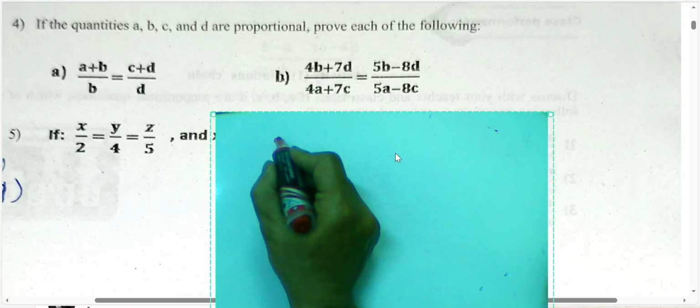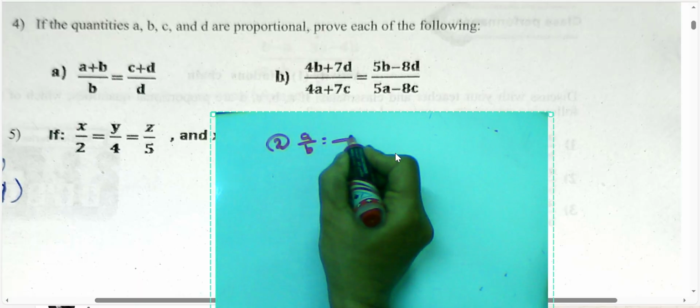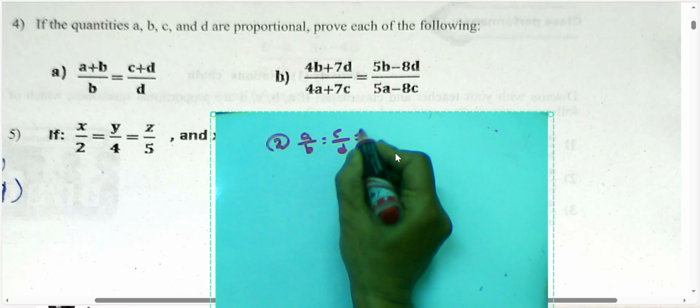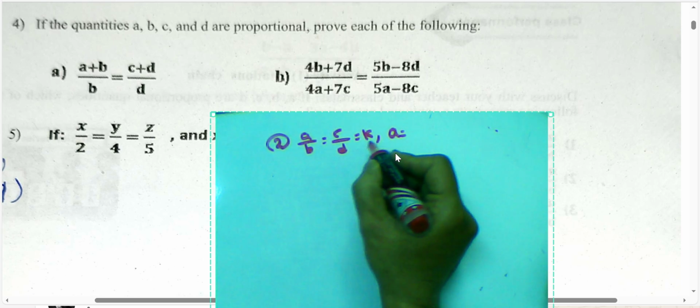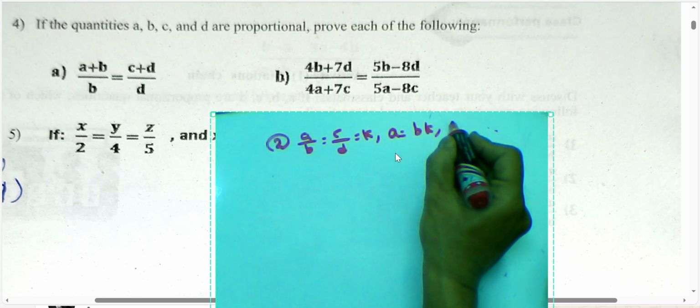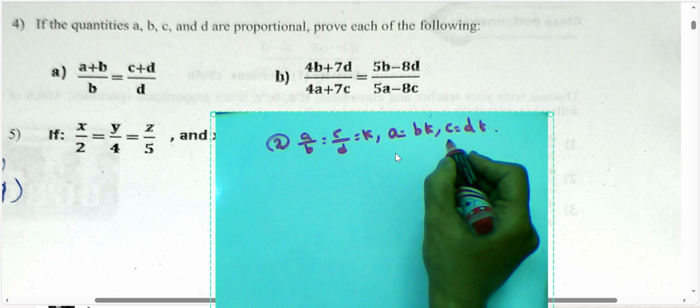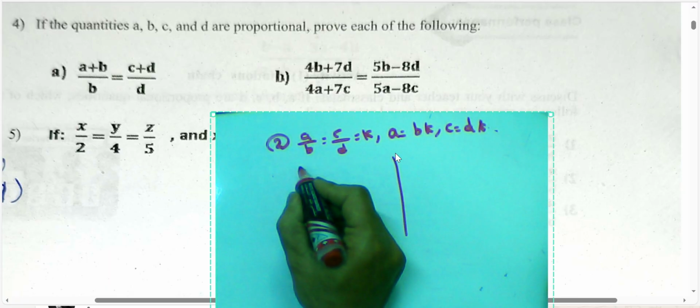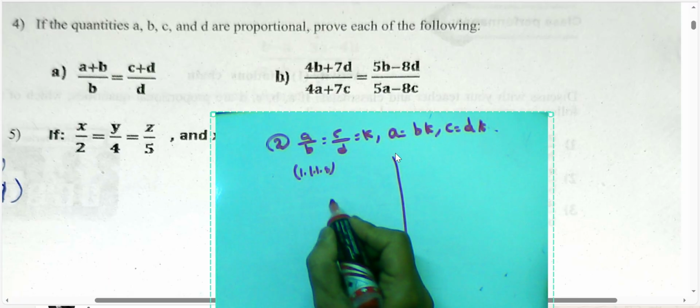Number 2, the same idea here. We have A over B equal C over D equal K. The value of A equals BK, and the value of C equals DK. We have left hand side.